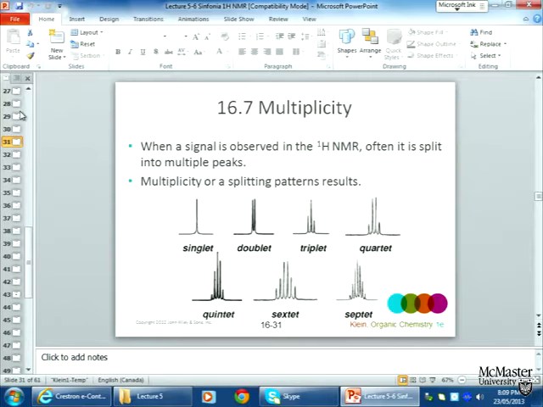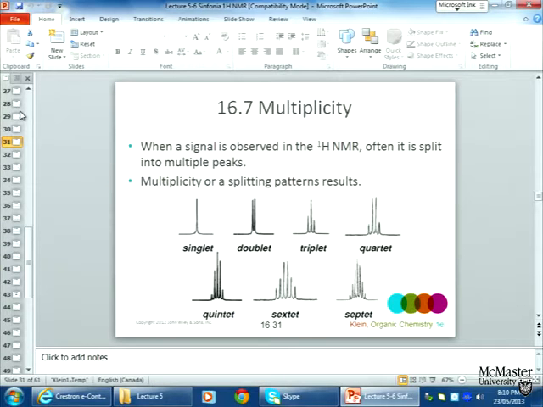So at the end of looking at the chemical shift and looking at the integration of proton NMR signals, we can pretty much say that our unknown molecule has 5 methyl groups, 4 methylenes, and 3 methynes, for example. The problem, however, is connectivity.